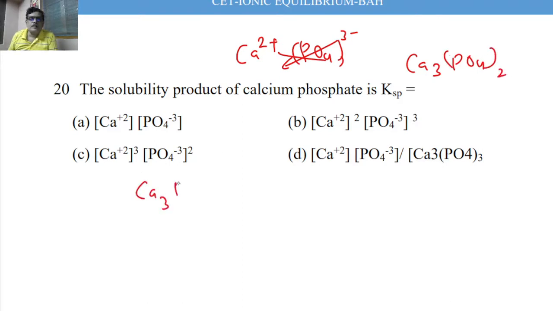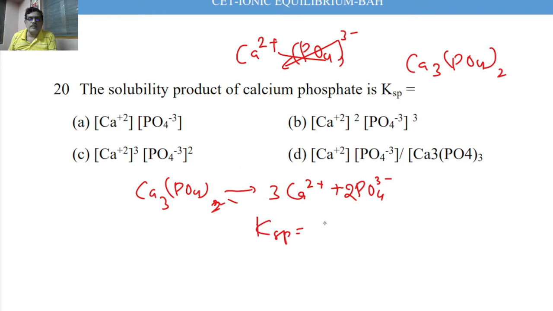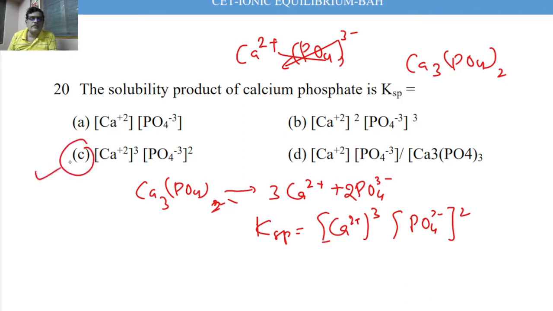Then for its suspension in water, that means its precipitate, will be 3 Ca2+ and 2 PO4 3-. Therefore Ksp value will be the concentration of Ca2+ cubed and the concentration of PO4 3- squared. So if you find that expression, that will be the expression for Ksp. So C is the answer.